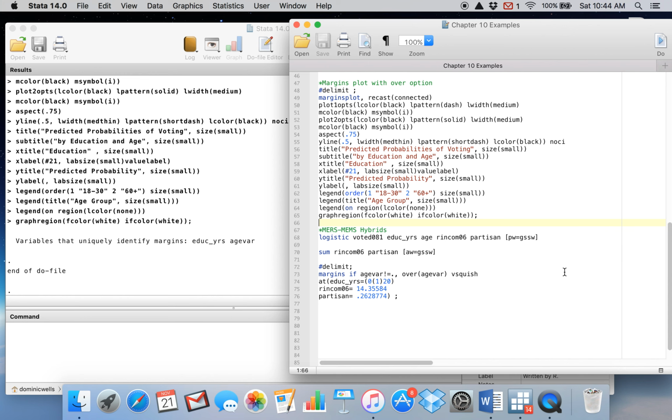So if I wanted to look at predicted probabilities for voting, and I had gender in my model, I wouldn't want Stata to hold gender at its average, hold it at its mean, because that would be like a 0.5, and that doesn't mean anything.